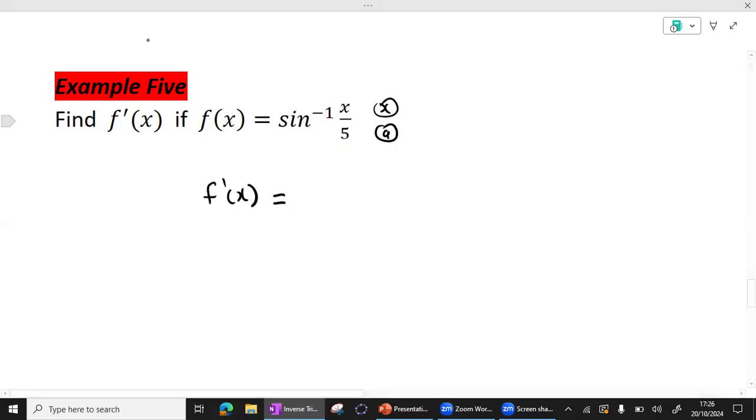So the x is acting as x and the 5 is acting as a. So I should be able to go straight in without using u at all. So the formula tells me for the inverse of sine, it is 1 over the root of a squared, which is 5 squared, which is 25, minus x squared, which in this case is x, so minus x squared, and I'm done. So that one's a very easy one because it was already in the form of x over a.